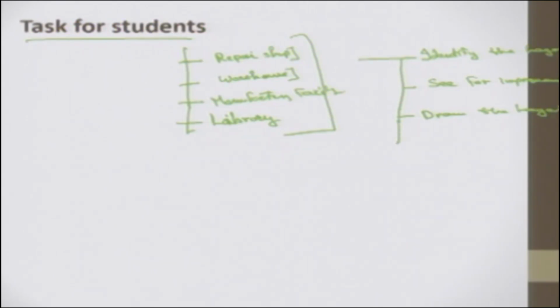That will give you a better feel of the layout, and then see for improvements. Then draw a new layout. So this was all in the product or plant layout study here.